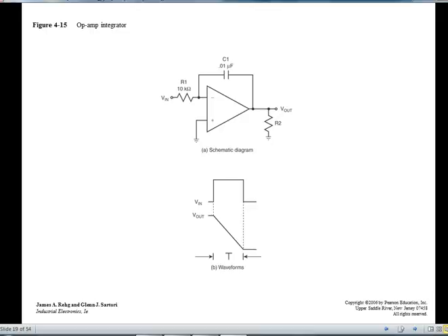So I've got a voltage in as a square wave, and I'm getting a waveform out, which is the negative because I'm an inverting amplifier, but I'm getting the area underneath this curve sitting right there is the area of the square wave. So now I can integrate using an operational amplifier.